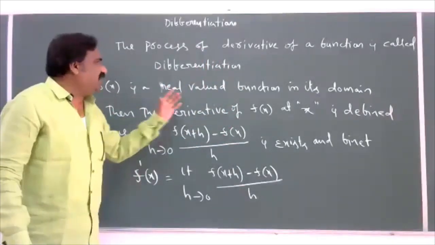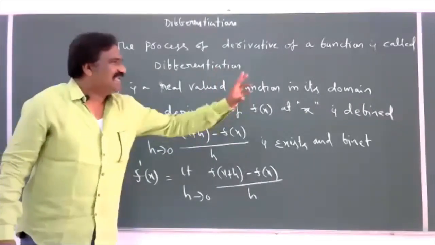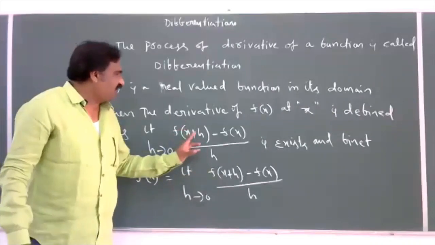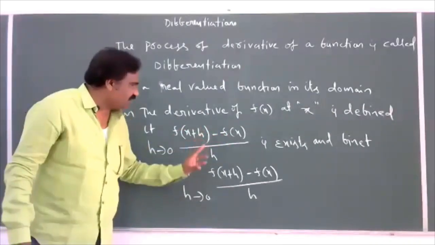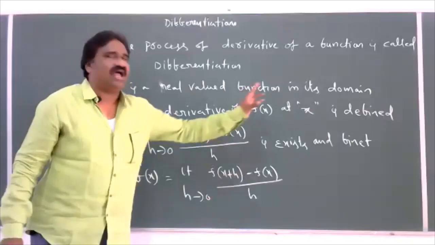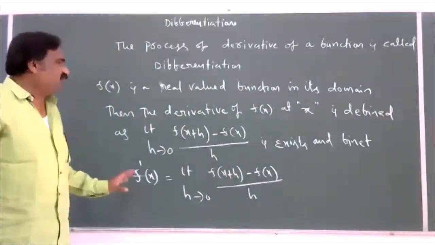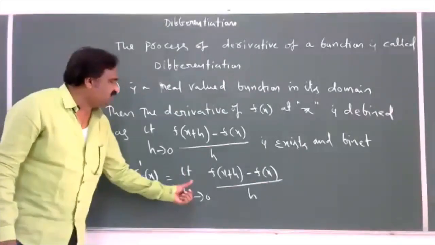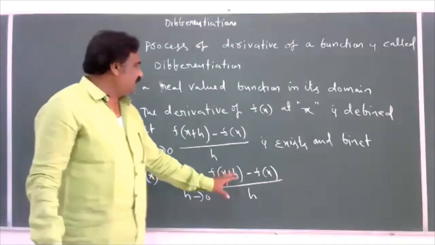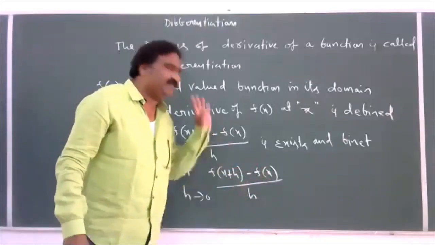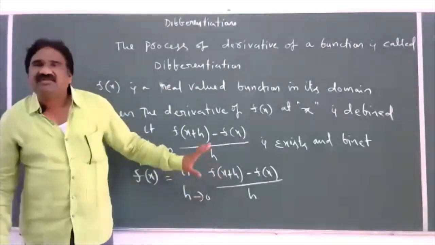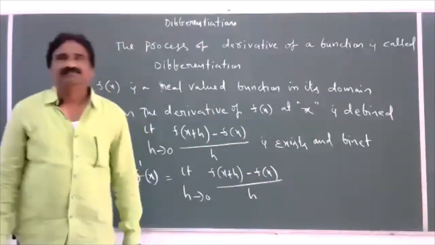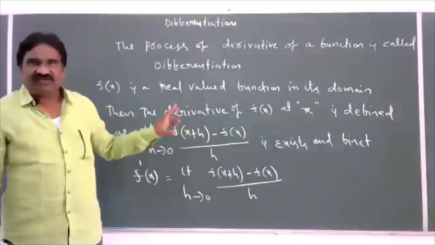Then the derivative of f of x at x is defined as this limit, if it exists and is finite. This derivative is also called the first principle of a derivative of a function.